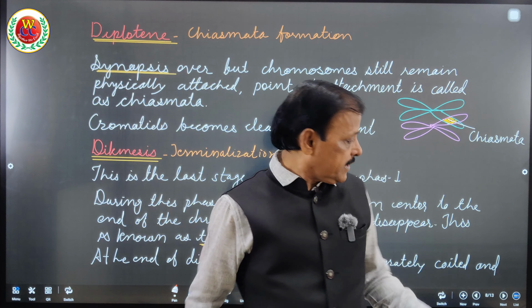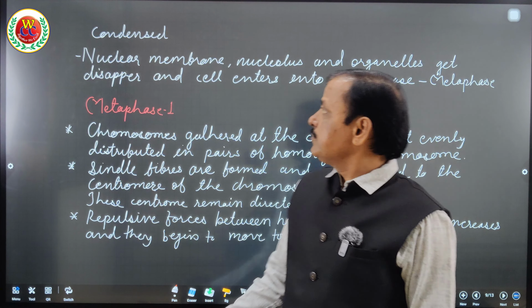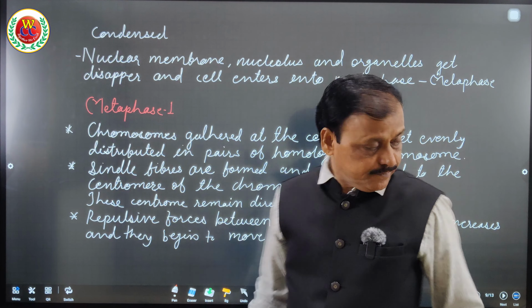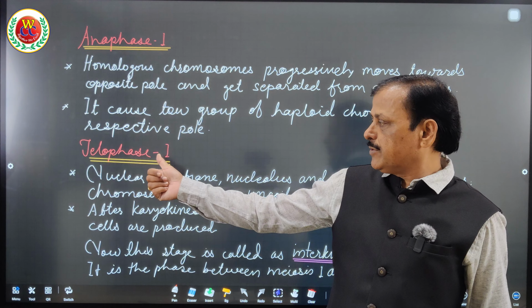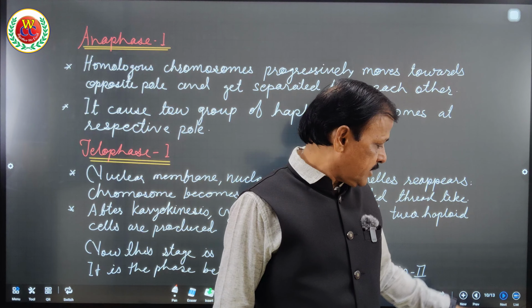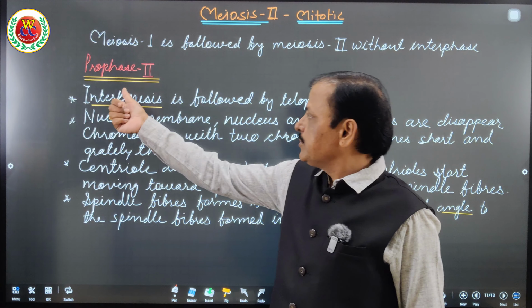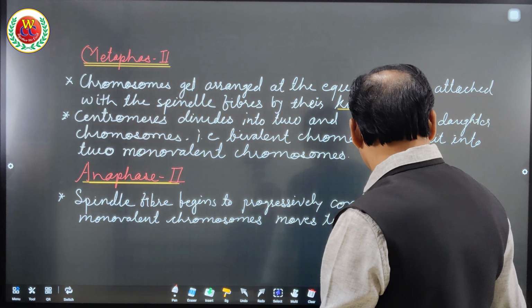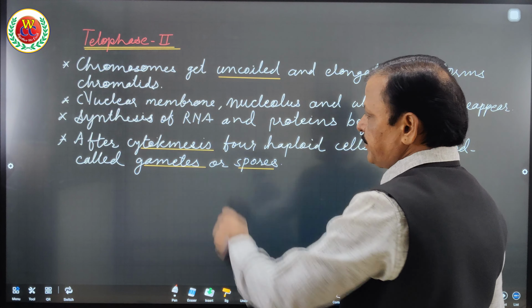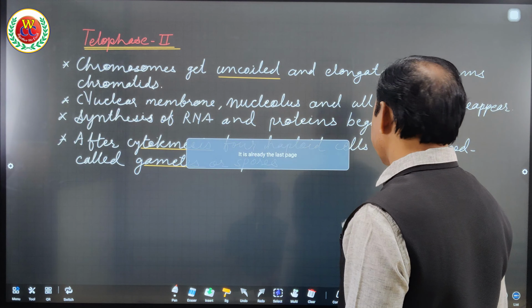That is also explained. Then metaphase 1, anaphase 1 and telophase 1, as well as meiosis 2, which has prophase 2, metaphase 2, anaphase 2, telophase 2, and thus meiosis is completed.